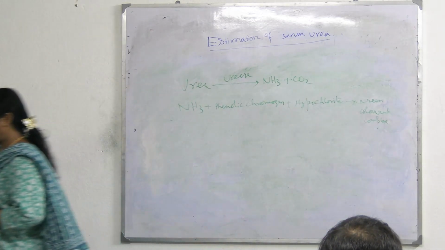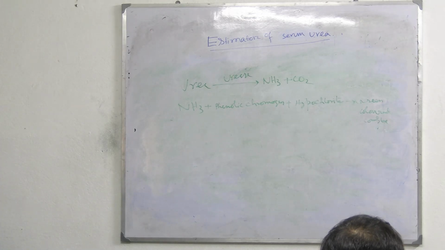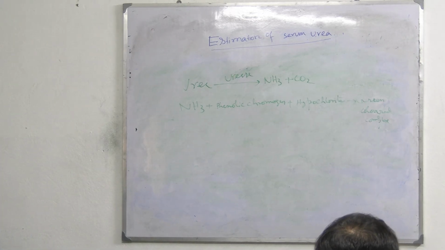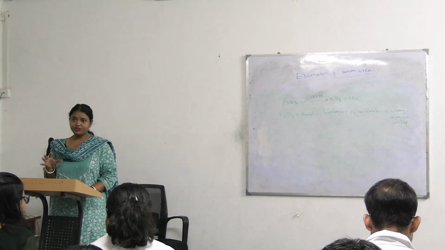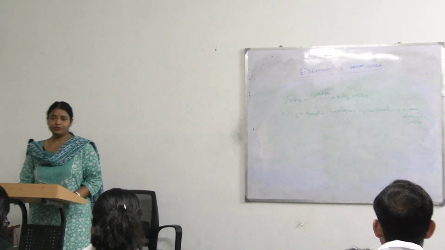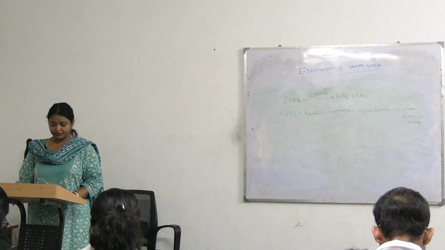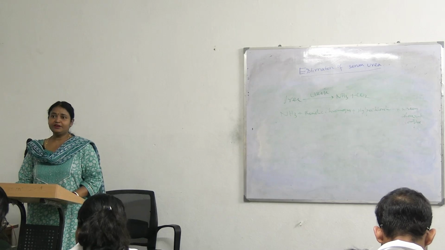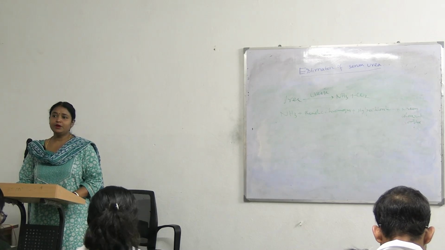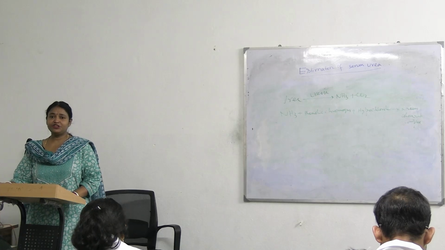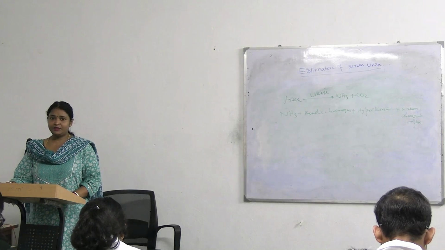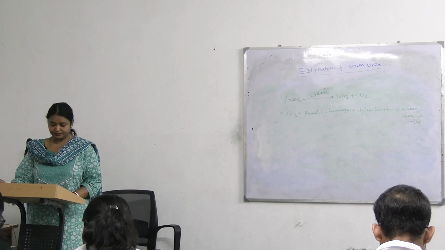Urea, with the help of urease, will be broken down to ammonia and carbon dioxide, and ammonia will react with the phenolic chromogen. The chromogen will contain that phenolic compound and hypochlorite also. So it will form a green colored complex. The color will increase with the increase in the concentration of urea in the sample.